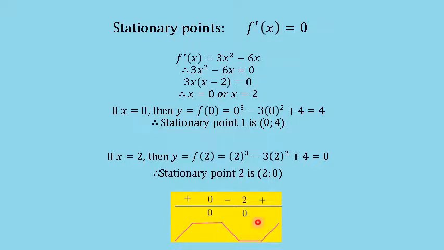And then if we take 3 and substitute it into this equation, we get a positive answer. So our function is now increasing. So what is the meaning of this? It means the graph that we are going to draw will start by increasing, decreasing, and increasing.